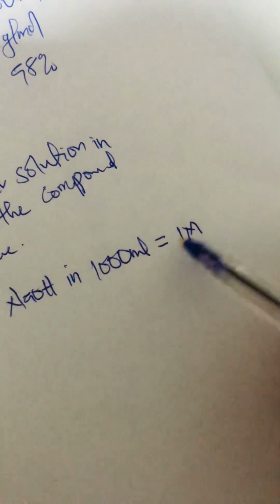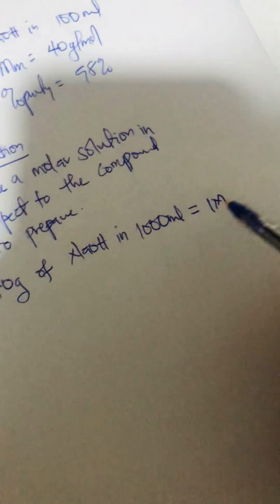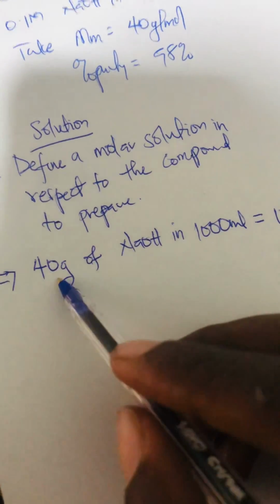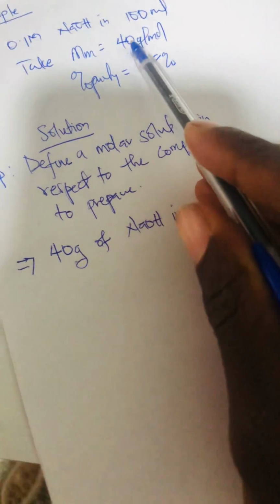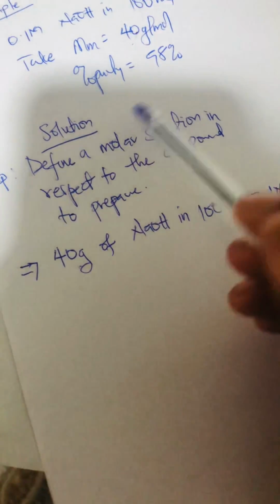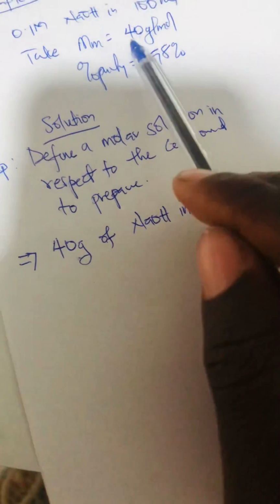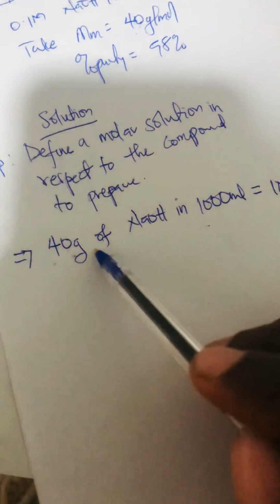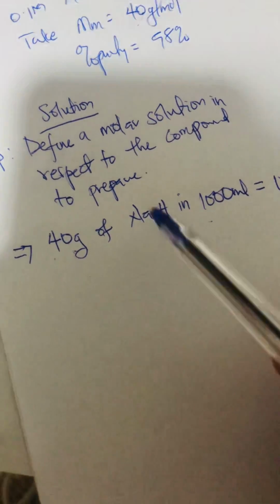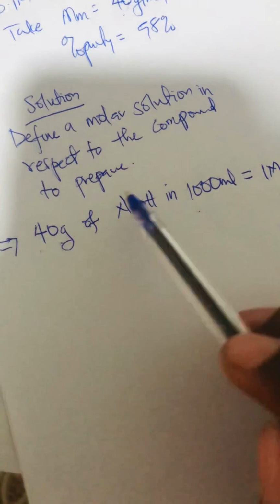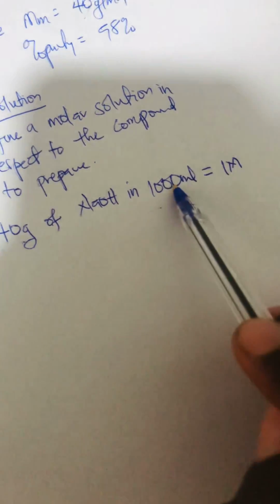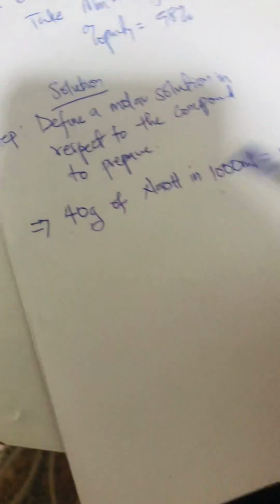So a 1 molar solution is the weight in grams per mole. But as you saw in the previous equation, we proved that for a 1 molar solution in a 1 liter volume, the molar mass is equal to mass. So the weight in grams of 1 mole of a substance is talking about the molar mass. So 40 grams of sodium hydroxide in 1000 ml will be equal to 1 molar.